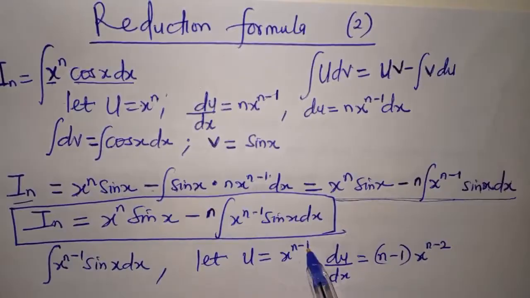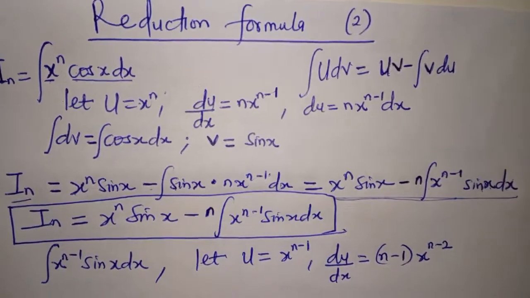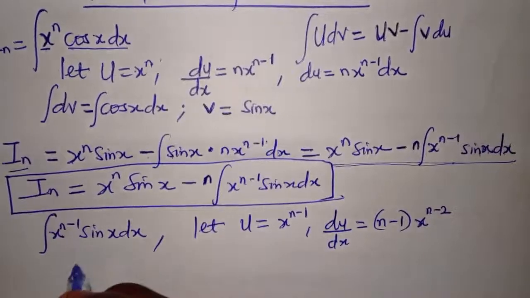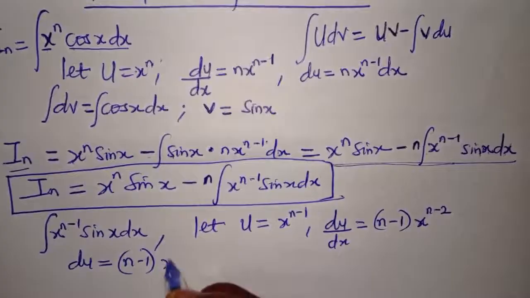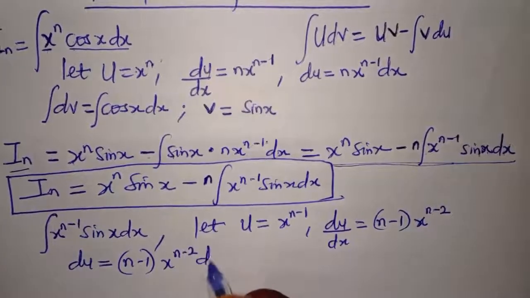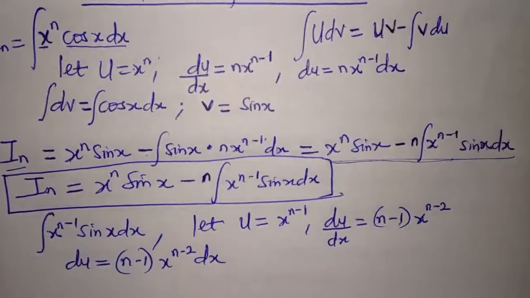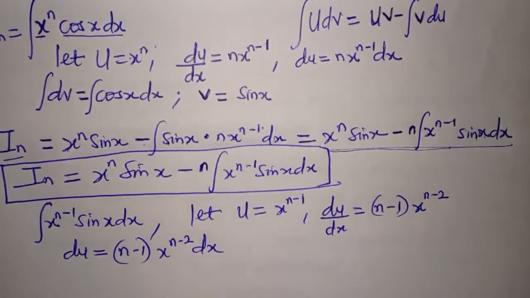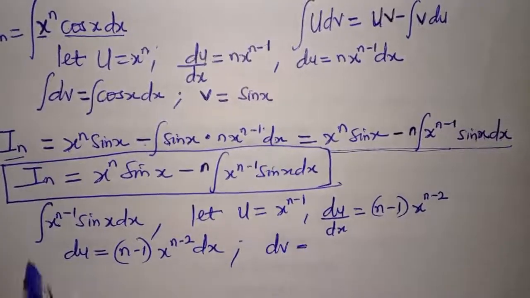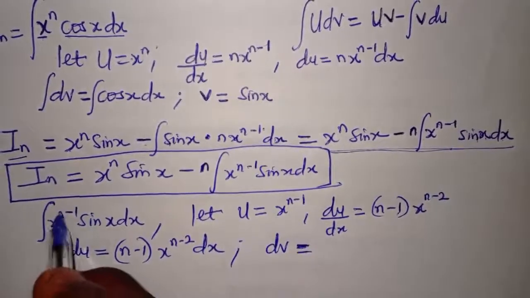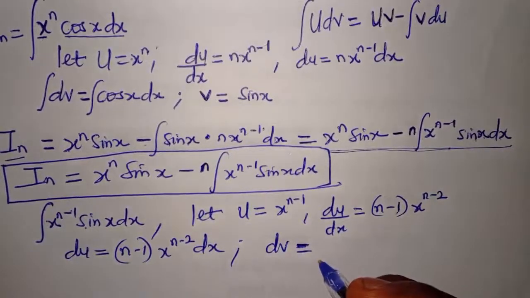If you subtract 1 from this, you are going to get minus 2, right? So upon cross multiplying, du is n minus 1 into x to the n minus 2 dx. Good. Now, what will be dv? We chose x to the n minus 1 as u, so sine x dx will be chosen as dv.